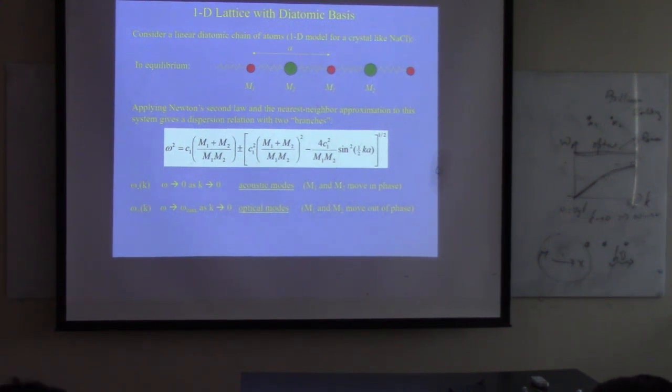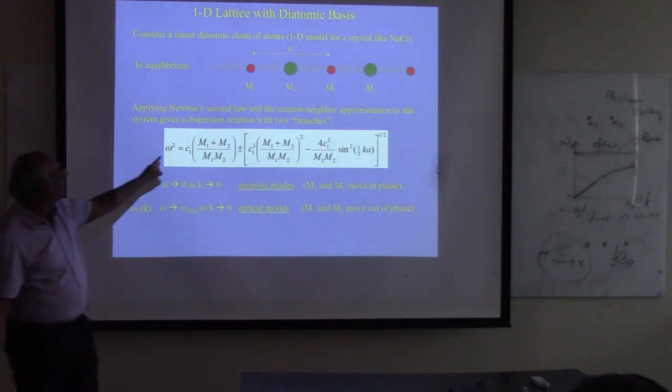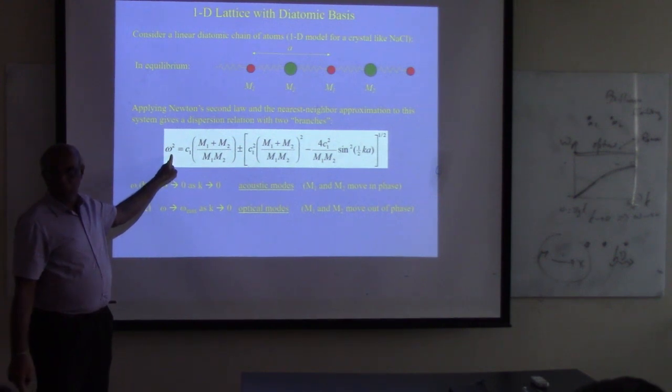Very simple, right? A sine relationship. Basically this is a sine curve from minus pi over a to pi over a. But here you will see it is much more complicated.